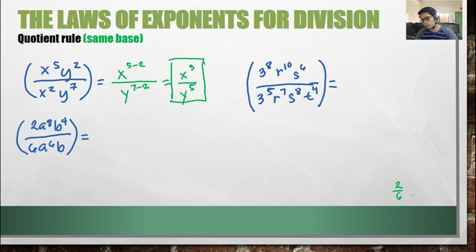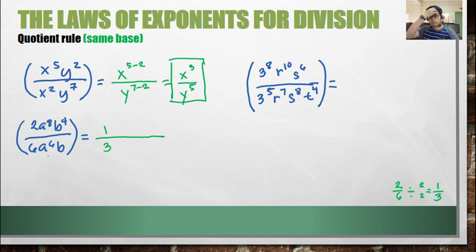Anong reduced form or simplest form nito? Anong common factor? Di ba ang common factor pwede nating i-divide siya sa 2? Kaya yung simplest form ng fraction na 2 over 6 ay 1 over 3. Kaya yan yung ating ilalagay dito. Okay, so 1 over 3.